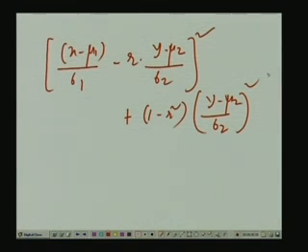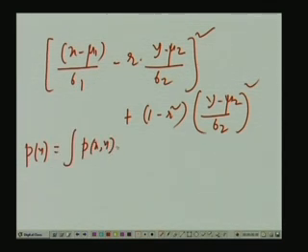So, suppose I will find out P y. Then it will be nothing but the integral over dx. If you integrate, this part has no x, so it will come out.